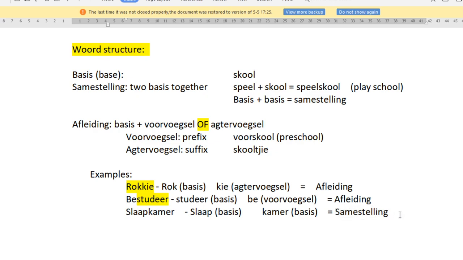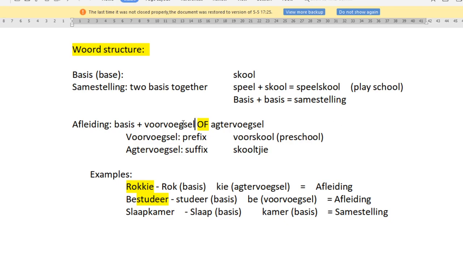Okay, so dit is die woordstruktuur. Basis, base. Samestelling is 'n base plus 'n base. Afleiding is 'n basis plus 'n voor- of agtervoegsel. Let me quickly show you something here. In another video we talked about the usage of a hyphen.